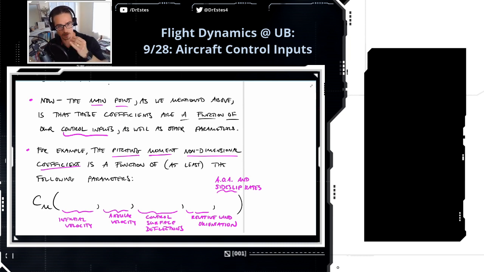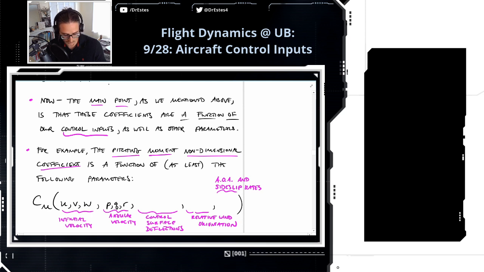Now, when they run these wind tunnel tests, like on a scaled model of an aircraft, or if they do a computational fluid dynamics simulation of an aircraft, they're going to calculate how this parameter changes as a function of many different things. So we're going to see how this changes with inertial velocity for one, angular velocity.